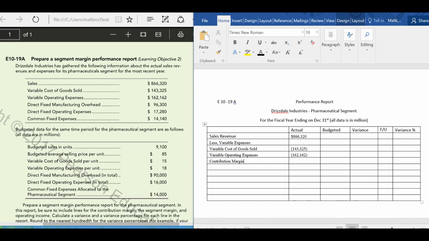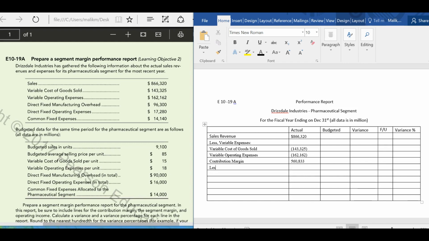Let me know what your contribution margin is. I used my calculator: 866,320 minus 143,325 minus 162,162, and what I got is 560,833. So my contribution margin is 560,833. Now I'm going to subtract my fixed expenses.